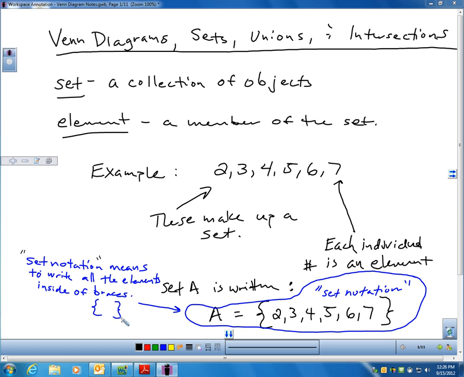These little symbols here are braces. So I could write set A in this manner: A equals braces 2, 3, 4, 5, 6, 7, close braces. This is how I can properly write set A on paper in set notation. So far we've talked about a set, element, and set notation and what that looks like.